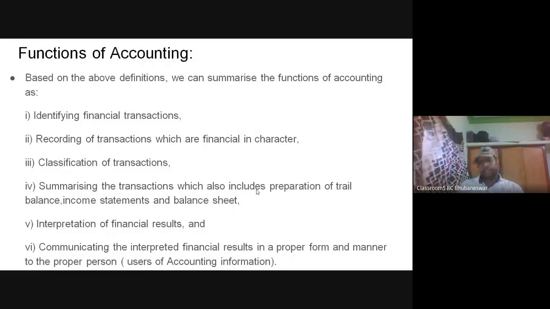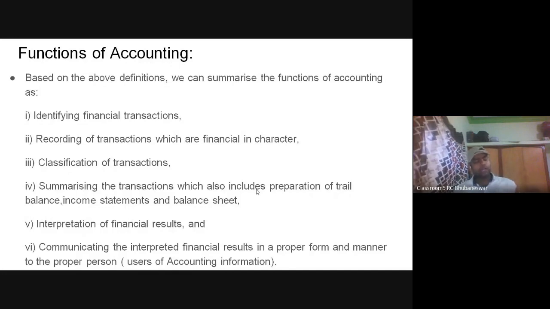Identifying the financial transactions, recording of the transactions which are financial in character, then classification of transactions, summarizing the transactions which also include preparation of trial balance, income statement and balance sheet, then interpretation of the financial results, and the last one, communicating the interpreted financial results in a written format and manner to the proper person.